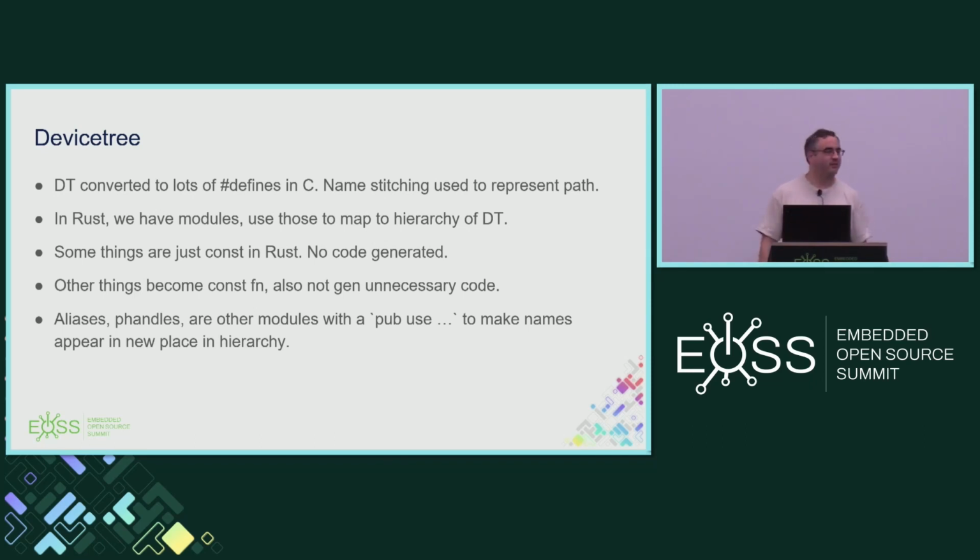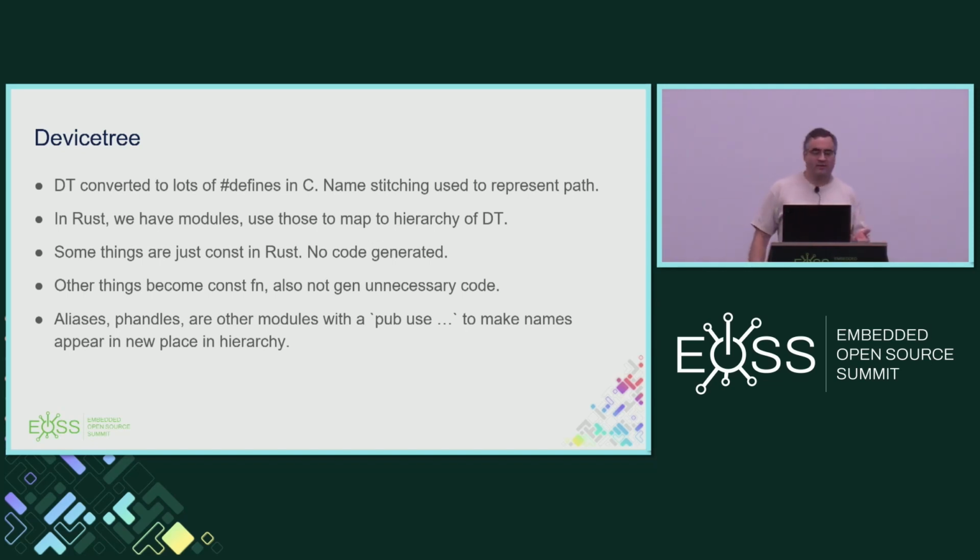So what do the things in the device tree end up with? We don't want to generate code or stuff that takes up space in the target from the device tree. We want it to be things that are available at compile time. If there are things in there that are needed as structures in the code, they will be, but it's not going to be this big data structure that represents the device tree.